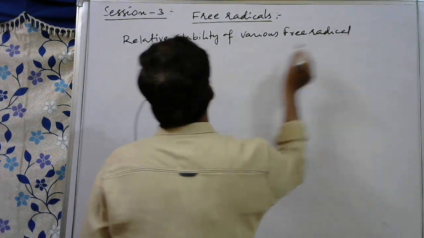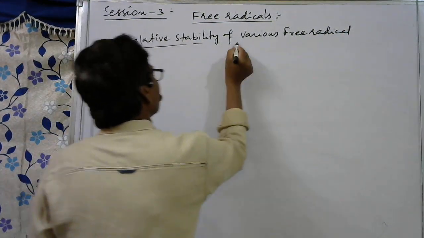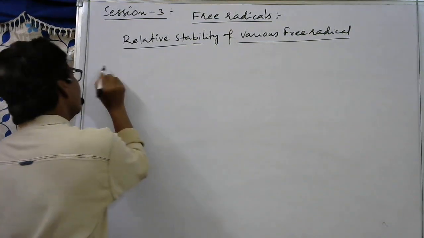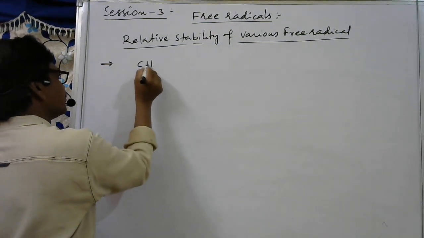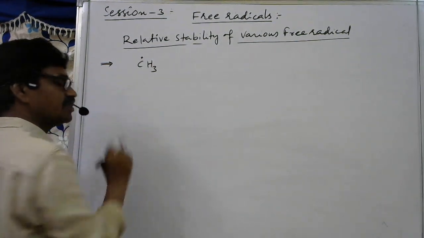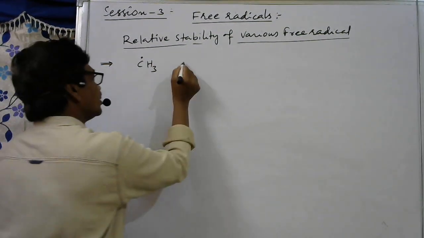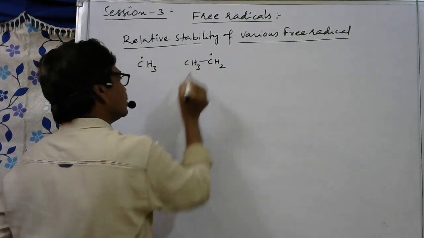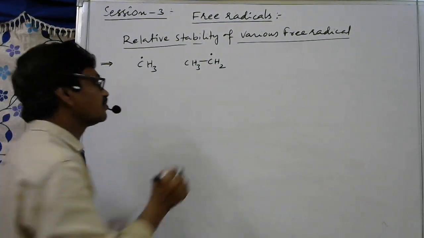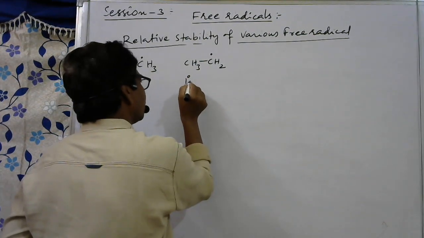Among those, first I am taking alkyl free radical stability. Alkyl free radicals. See, first I am writing here CH3 dot. It is the methyl free radical. Then CH3CH2 dot. This is the ethyl free radical. It is a primary free radical.